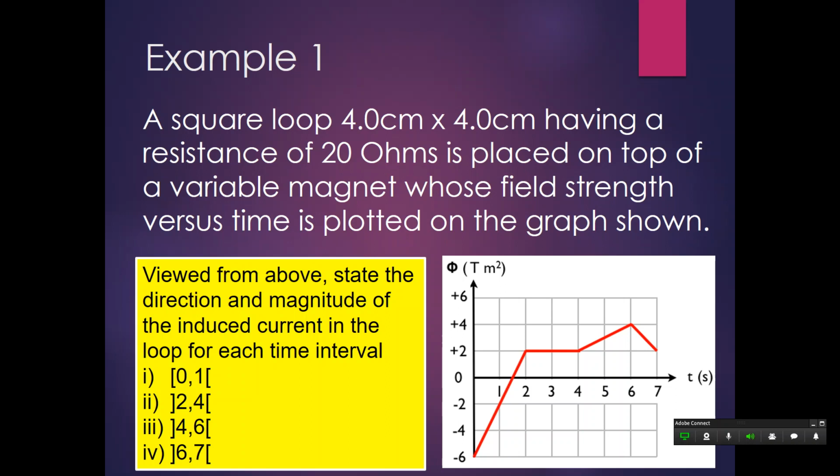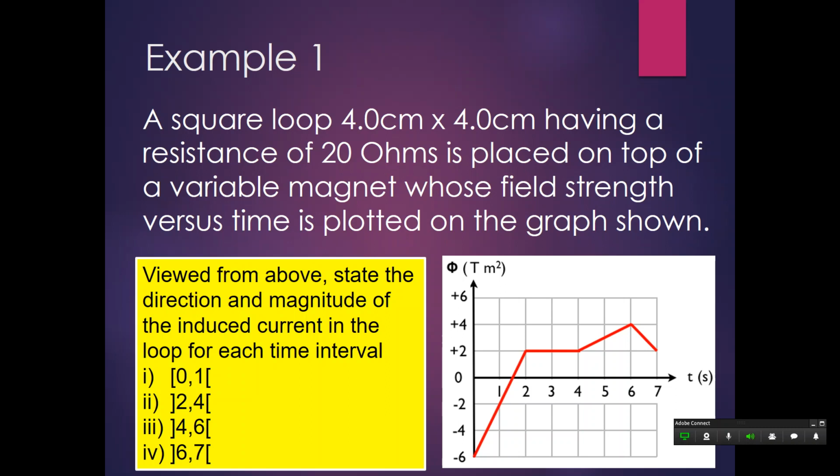Okay, what's the final flux? What's the flux at 1 second? Minus 2. All right, minus 2. And at 0 seconds, it's what? Minus 6. So that's minus 6. And the time is 1 minus 0.